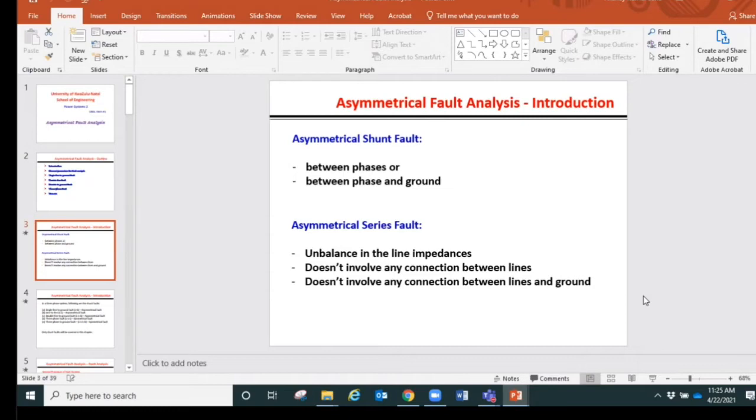So if we find that any two phases, AB, BC or CA, are shorted, that shorting can sometimes be through an impedance, meaning in between phase A and B there is an impedance present, but they are connected. That will give rise to a condition of asymmetrical fault. Also, we can find asymmetrical fault if any phase A, B or C is grounded.